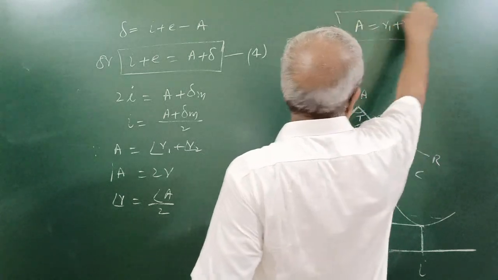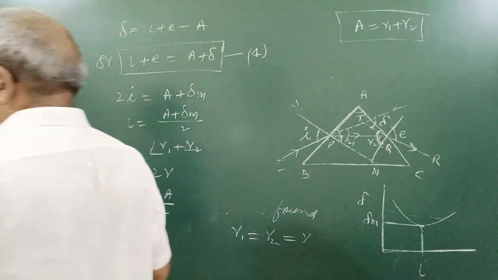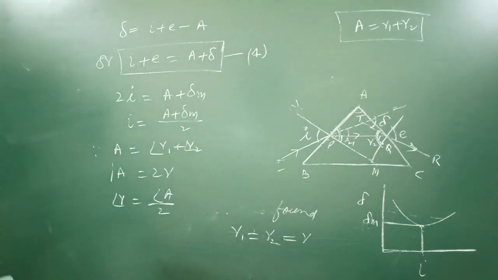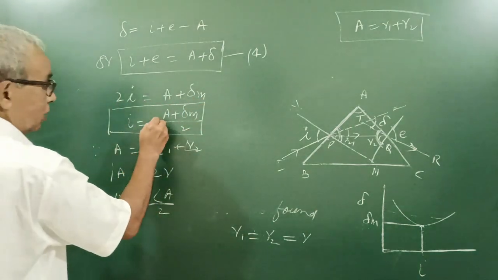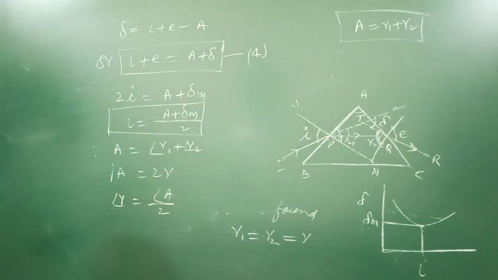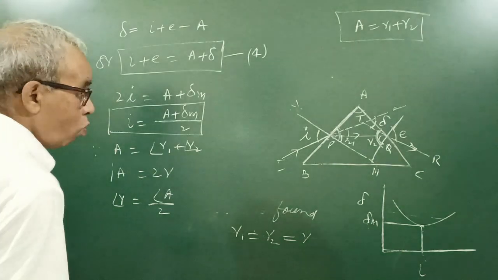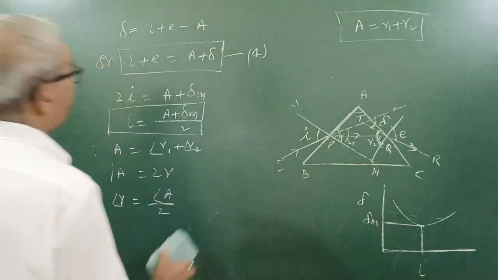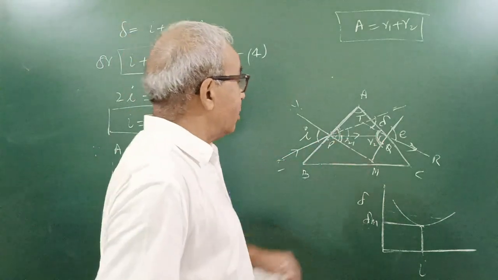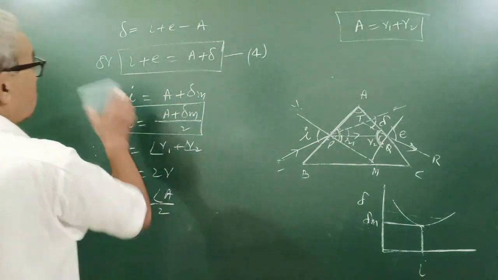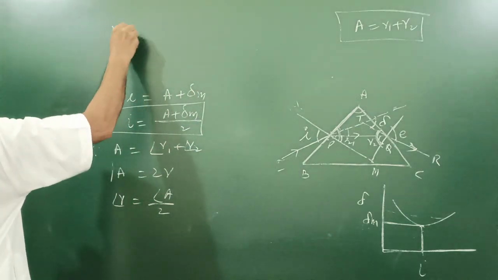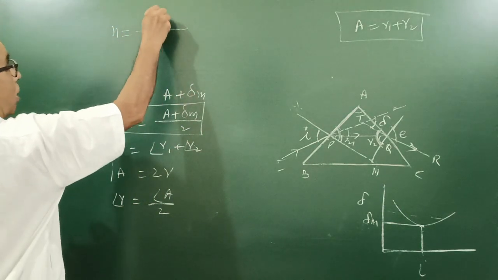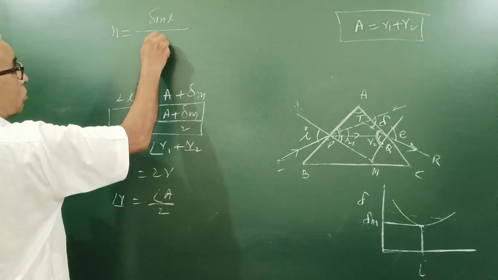This fact will solve many problems for you. Now from Snell's law, with I equal to (A plus delta m) by 2 and R equal to A by 2, the refractive index with respect to air is n equal to sin I upon sin R.